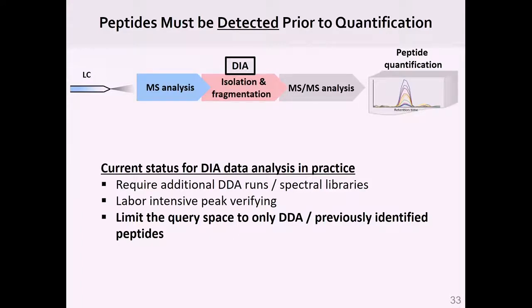And the other thing, that I'll talk about in the next few minutes, is that you're limited to only things that have been seen previously by data-dependent acquisition. We already talked a little bit about the fact that data-dependent acquisition may not catch everything, so if you're starting with that as your starting point, that's maybe not necessarily the best place to start.